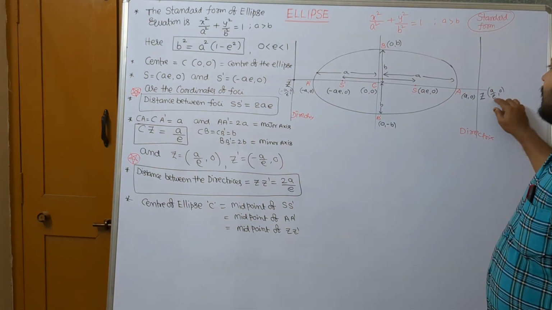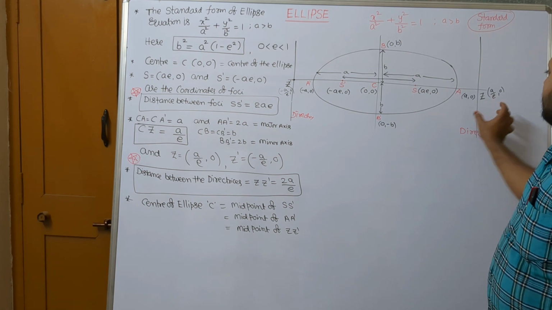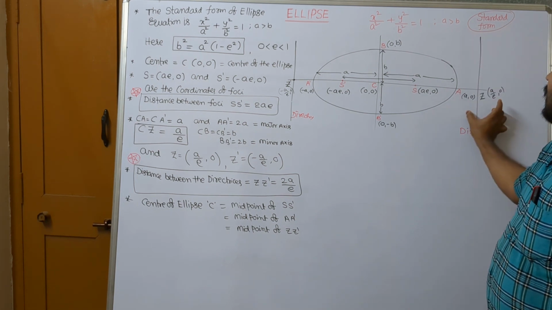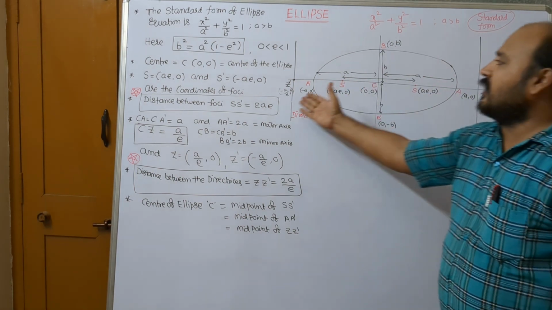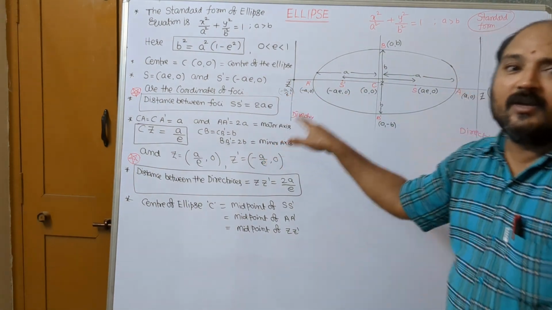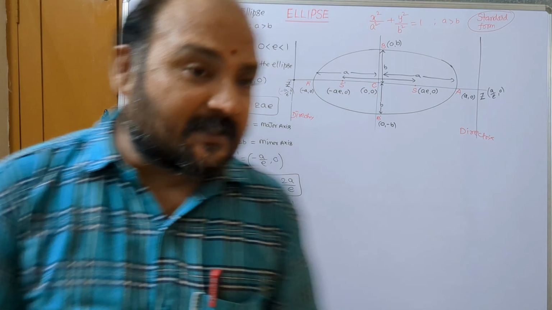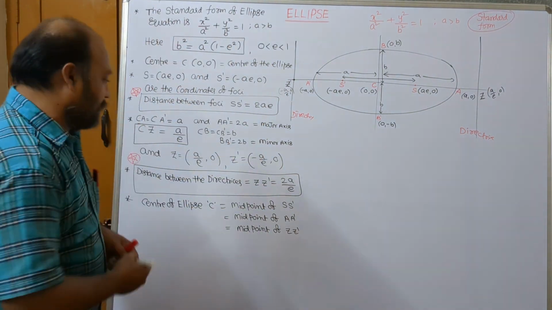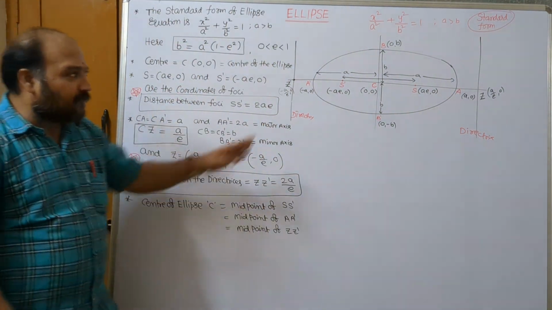Here x is equal to a by e, so the x coordinate is a by e. This equation is called x is equal to a by e. This equation is called x is equal to minus a by e, which are called the directrices of the standard equation of the ellipse.